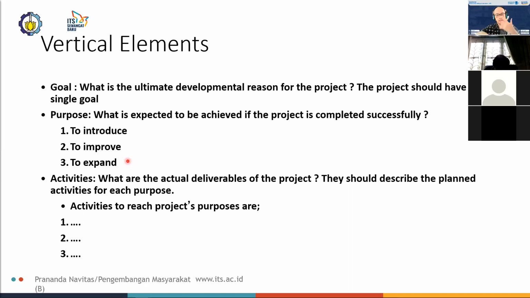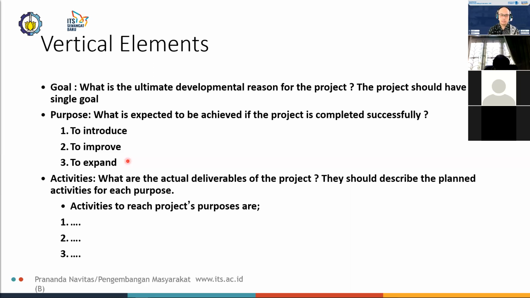Again, coming back to the literacy case study, the deliverables of the project are a location, the source of materials or books and equipment for the library, and then staffing. Those are the three actual deliverables.